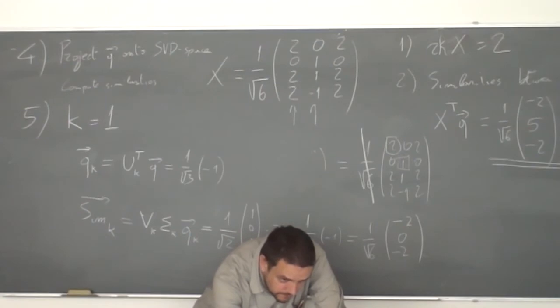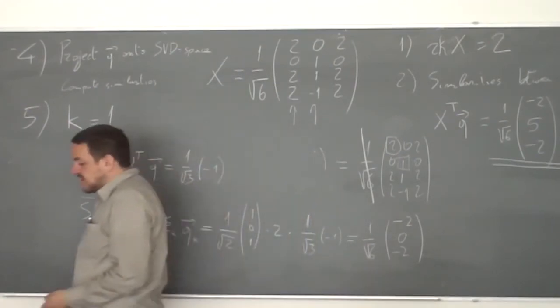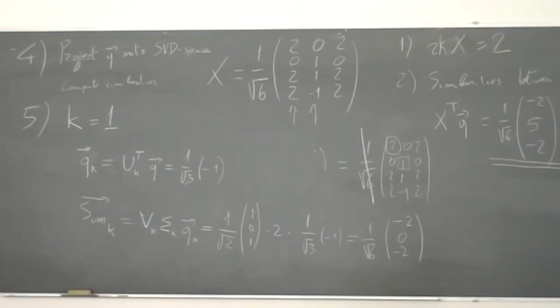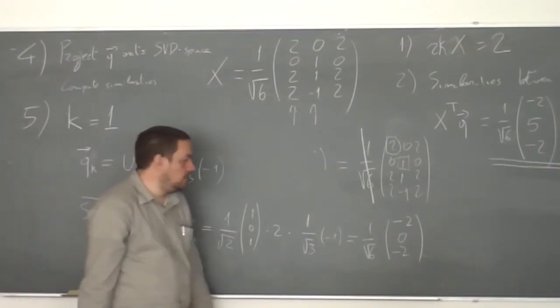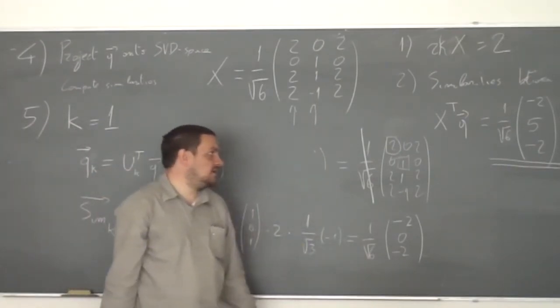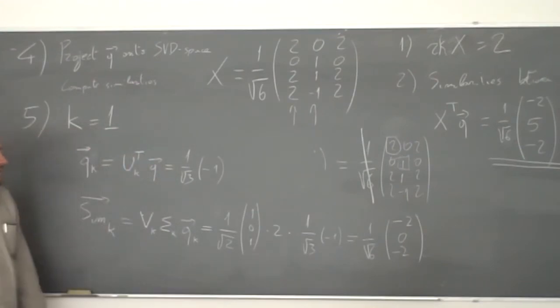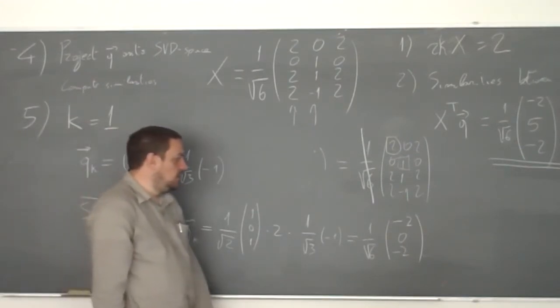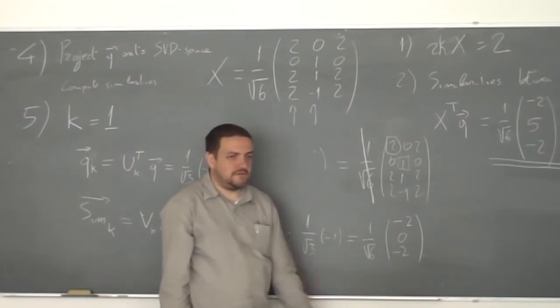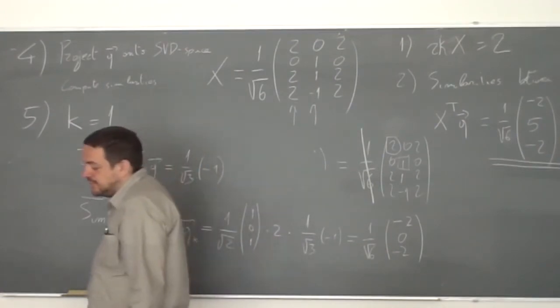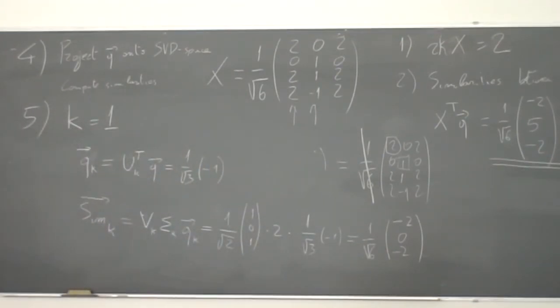Okay. See, in this case, we have lost a lot of information. But actually, similarities are somehow still in the correct order, because the first and the last are negative, the other is no more positive, but it's anyway greater.